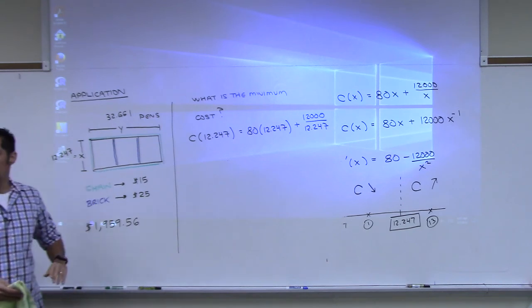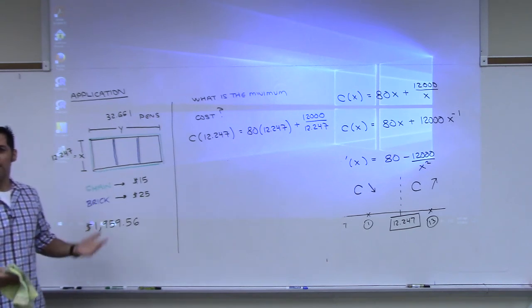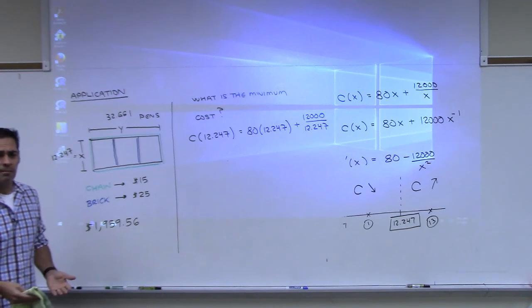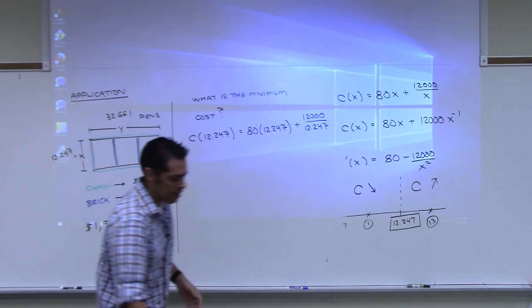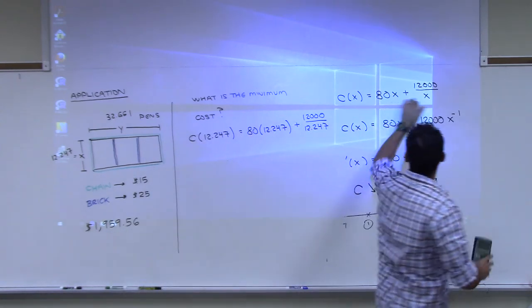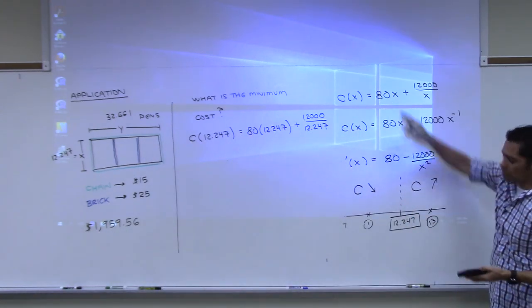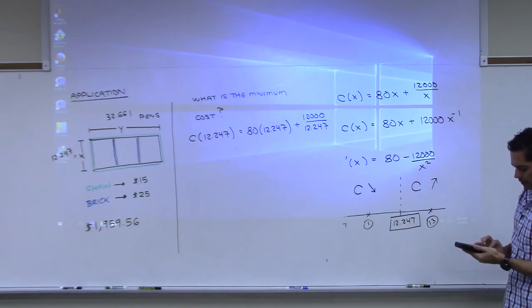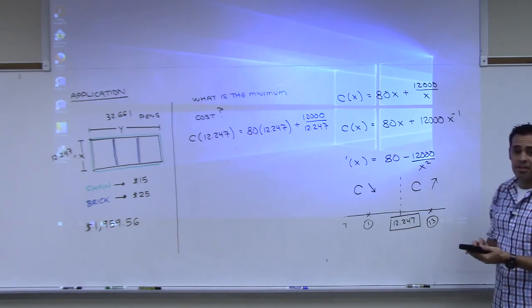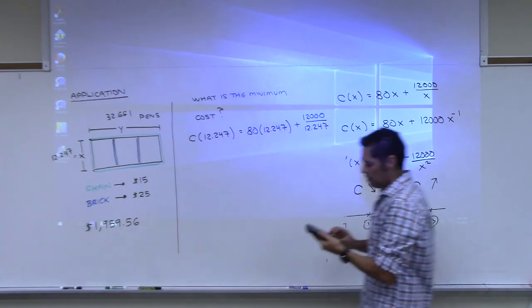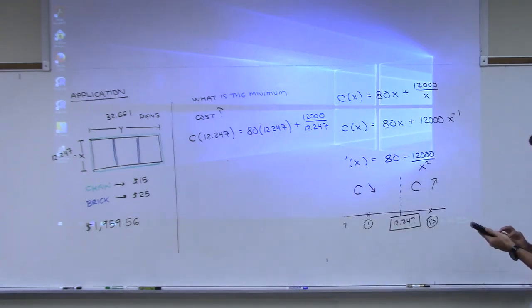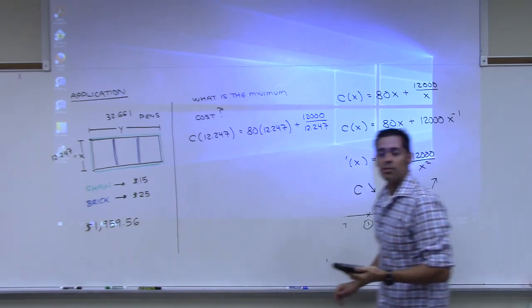Some other company comes in and they're just going to build a 20 by 20 pen, right? If they build a 20 by 20 pen, how much is it going to cost them? Let's try it. If x is 20, what would you get? What can you guarantee me? It's going to be more than this, right? Okay, so 12,000 divided by 20. $2,200.